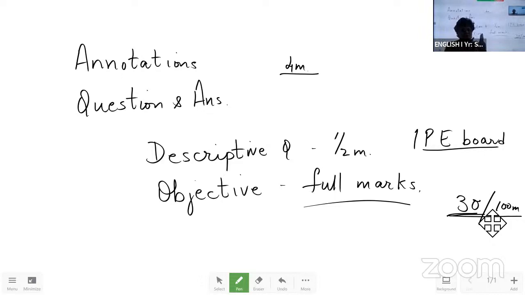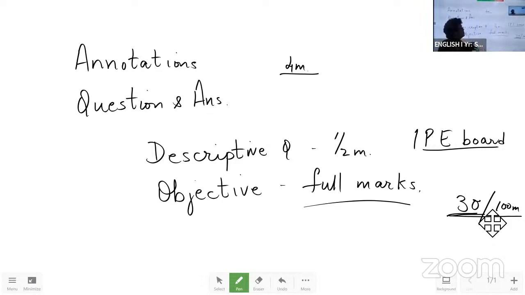So remember, if you start with section A, keep to section A, then go to B, then C. If you find the descriptive you want to write at the end, no problem. Write section B first, section C, then write section A. But whatever it is, each section should be in one place.